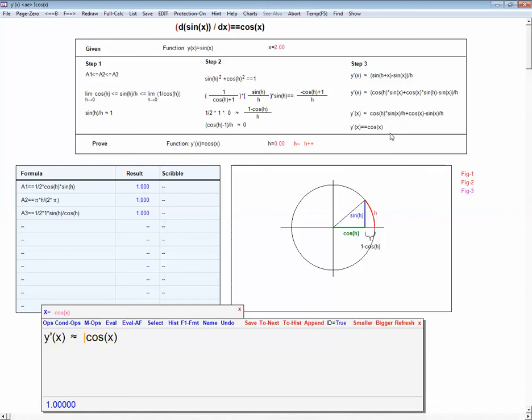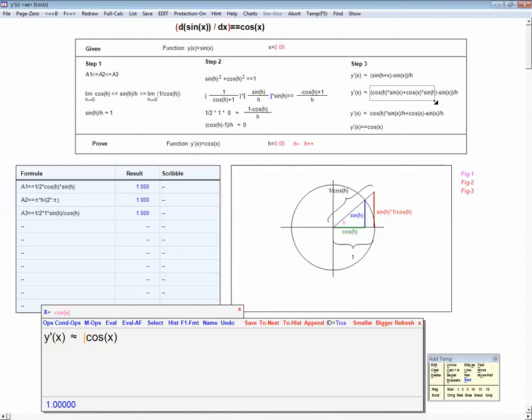All right, so quick review, the big idea. The big idea is we have two limits that we want to prove, and we prove them by looking at the areas of these three triangles, and we get a relationship between the areas and do some manipulations and prove those two limits.